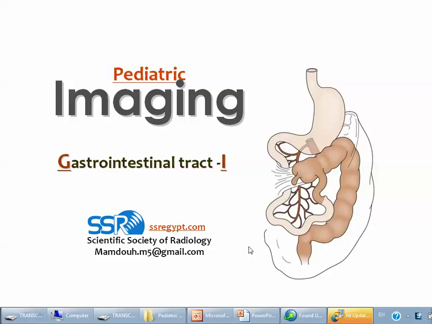Dear colleagues, now we will start a new topic in pediatric imaging, which will deal with imaging of the gastrointestinal tract. This topic will be divided into two parts. The first one will deal with the esophagus and the stomach, and the second one will deal with the small and large bowel.